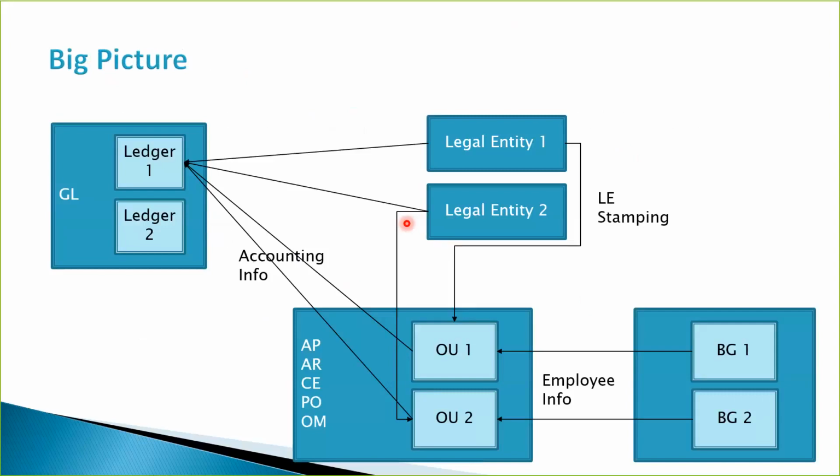So now let's look at the big picture of all those system entities and organizations that we have talked about, and how they are associated with each other. Here we have our GL module, which can contain one or more ledgers, right? Here we have our legal entities.